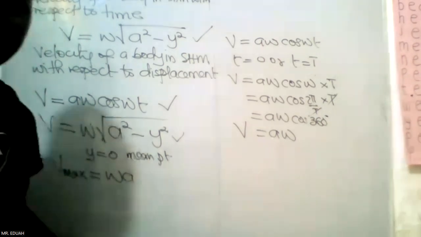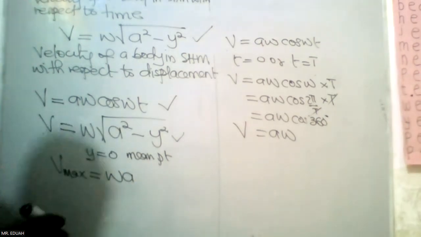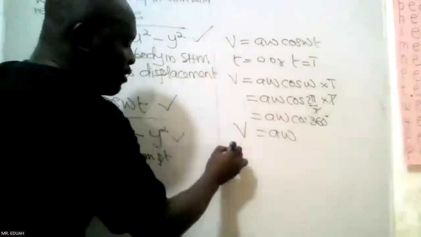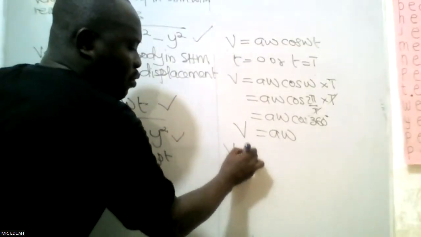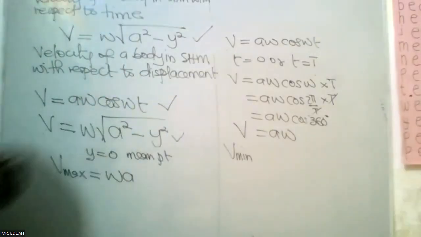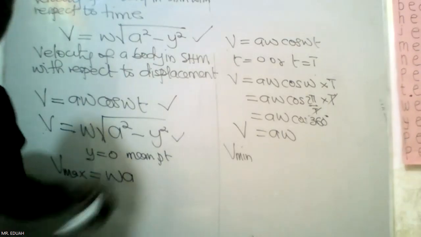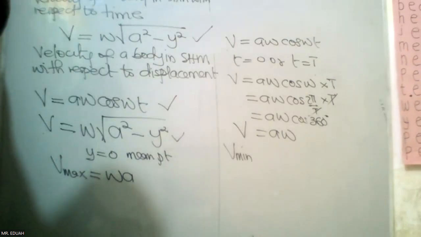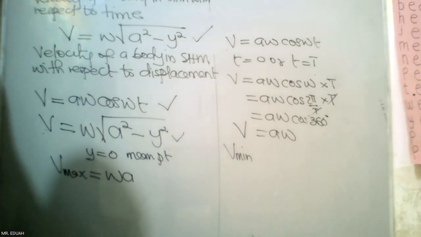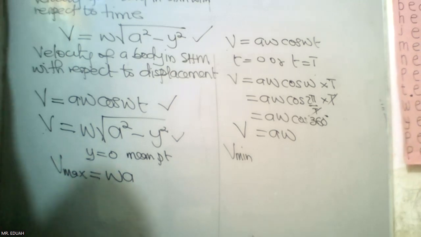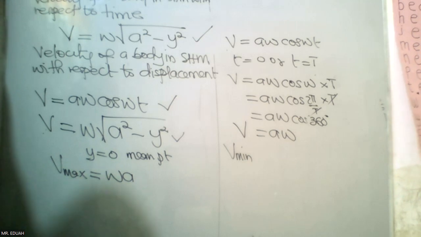Where do we have the minimum velocity occurring? The minimum velocity occurs at the amplitude.